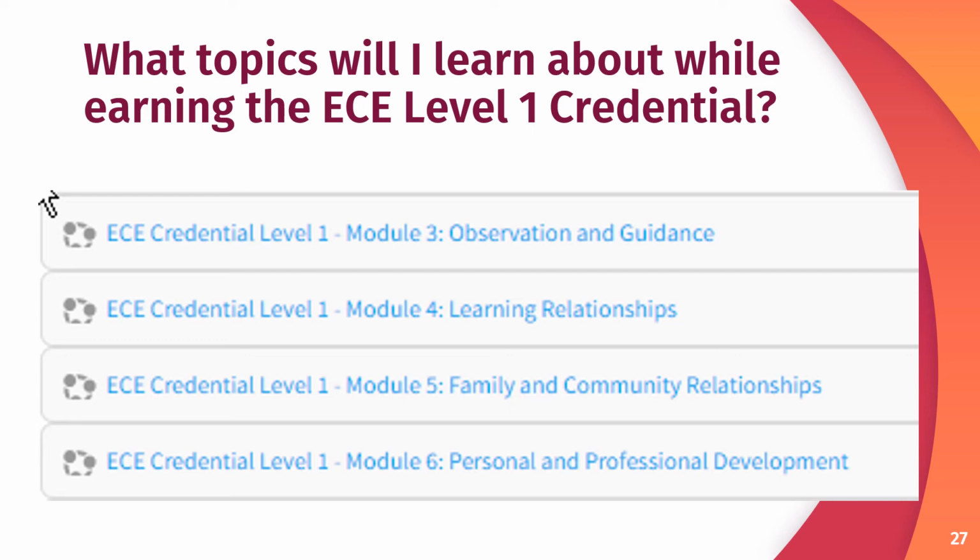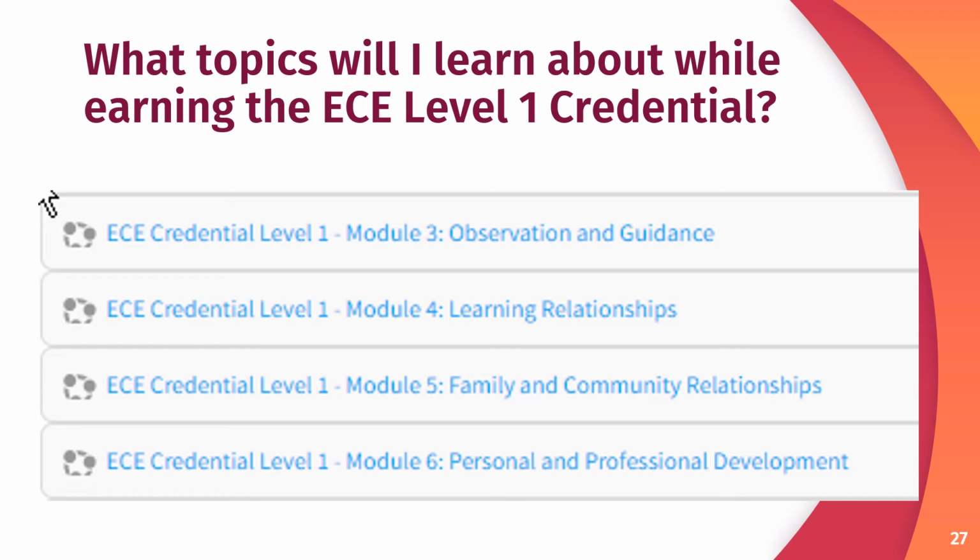Guidance is all about helping children learn how to behave in a group setting, so we'll learn a lot about child guidance in that section. Module 4, we're going to talk about learning relationships, and we're just going to learn about how important the relationship is between children and each other, between children and teachers, as well as between parents and teachers. So Module 4 is going to be all about relationships.